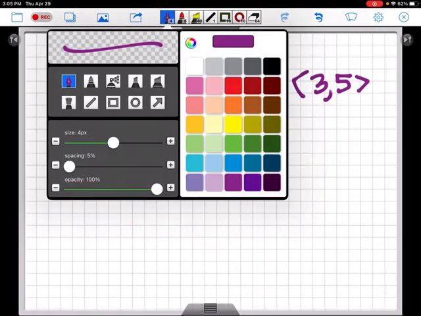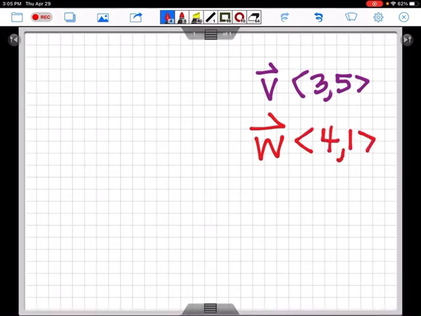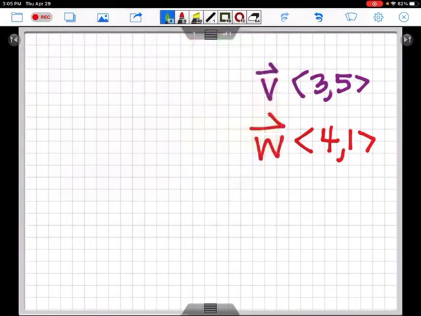So let's say I have w, and it is going 4, 1. And let's say I want to graph 2v minus 3w, and I want to represent that on a graph.